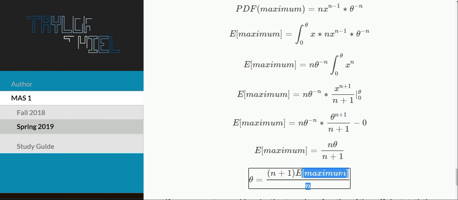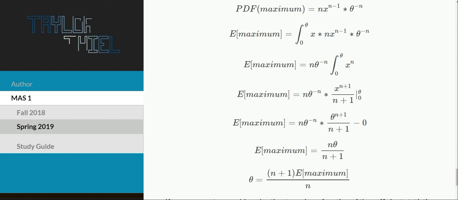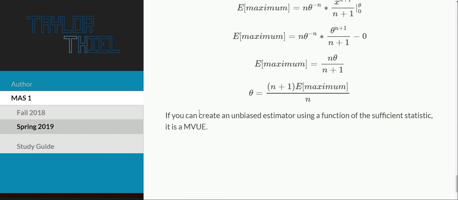A sample maximum increased by a factor of n plus 1 over n will give an unbiased estimate. So we know it's both unbiased and it's using the sufficient statistic, which we determined in question 18. And those are the two requirements for it to be a minimum variance unbiased estimator.